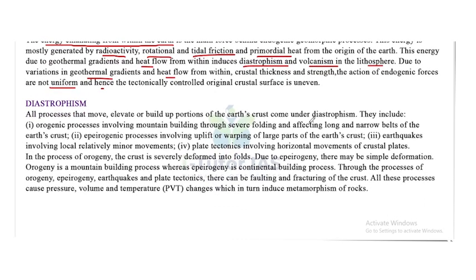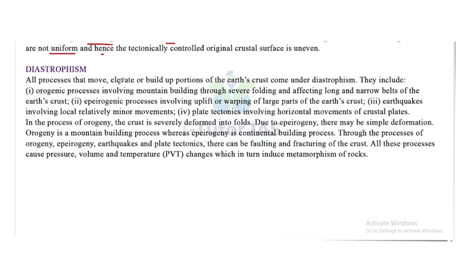Now, diastrophism. What is diastrophism? All processes that move, elevate or build up portions of the earth's crust come under diastrophism. They include the orogenic process, involving mountain building through severe folding and affecting long and narrow belts of the earth's crust.